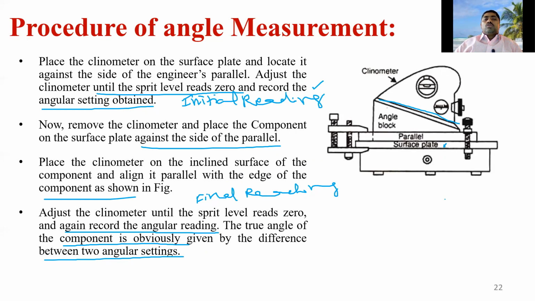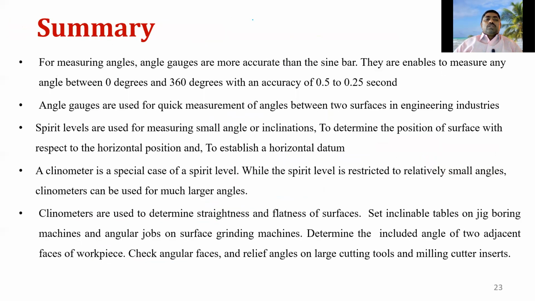So this is the procedure to be adopted for measuring the angle accurately using the clinometers. This is today's lecture, and the summary is: for measuring angles, the angle gauges are more accurate than the sine bar, and they can measure any angle between 0 to 360 degrees with an accuracy of 0.5 to 0.25 second.